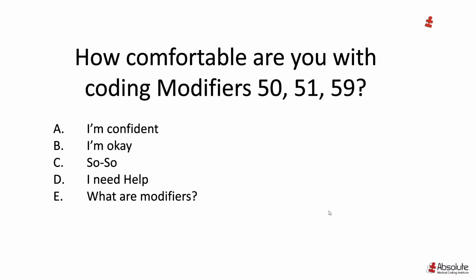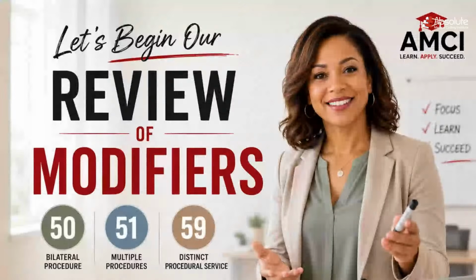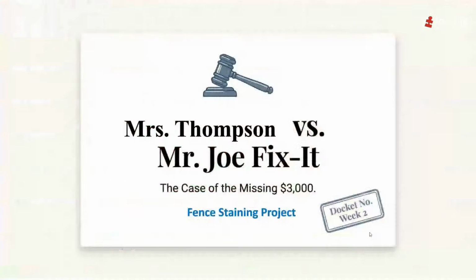It gives you a little more context. Thank you for that information. It helps me. And I am glad that we're reviewing modifiers 50, 51, and 59, and I'm going to take credit for that. I'm the reason why you all don't feel 100% or close to it.